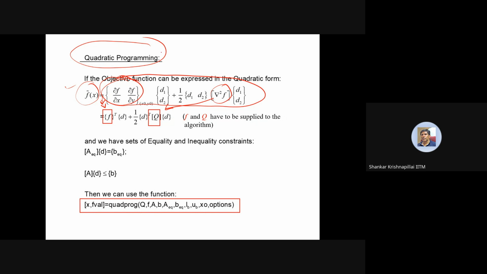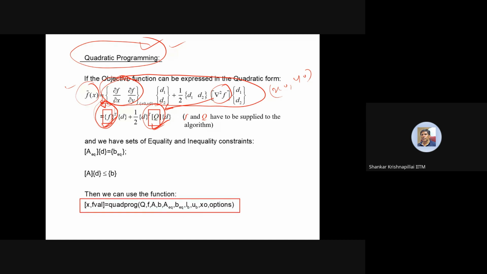So in this subroutine for quadratic programming, the user has to calculate the first derivative matrix and second derivative matrix. Actually, the values of q and f can be automatically calculated by using other MATLAB subroutines. But whatever be the case, if you want to use this quadratic programming subroutine, you have to find the first derivative matrix and second derivative matrix at the value of x0, y0, which is given to you.